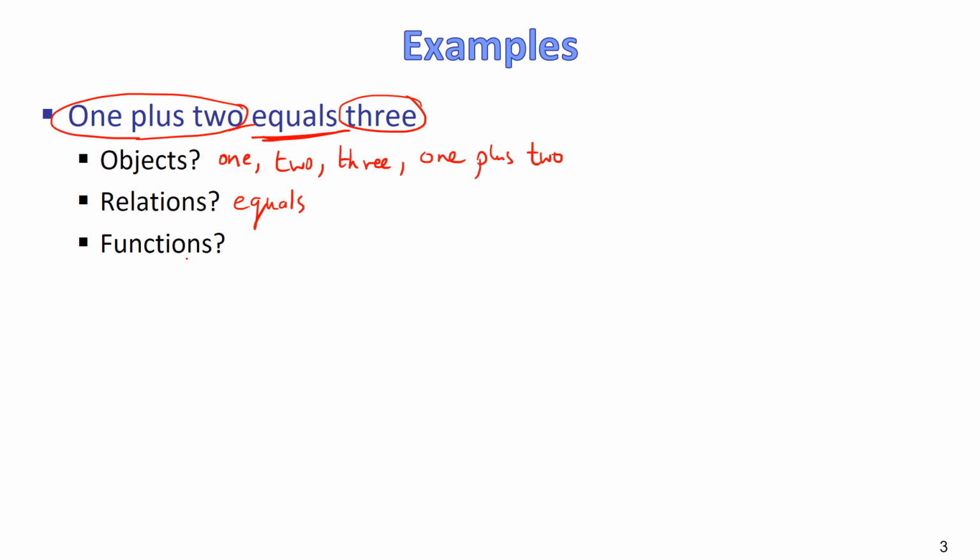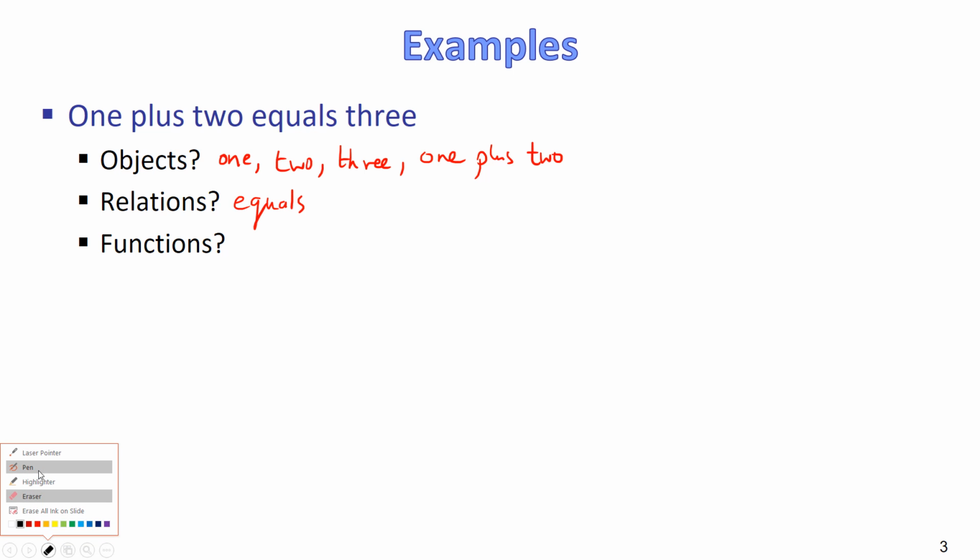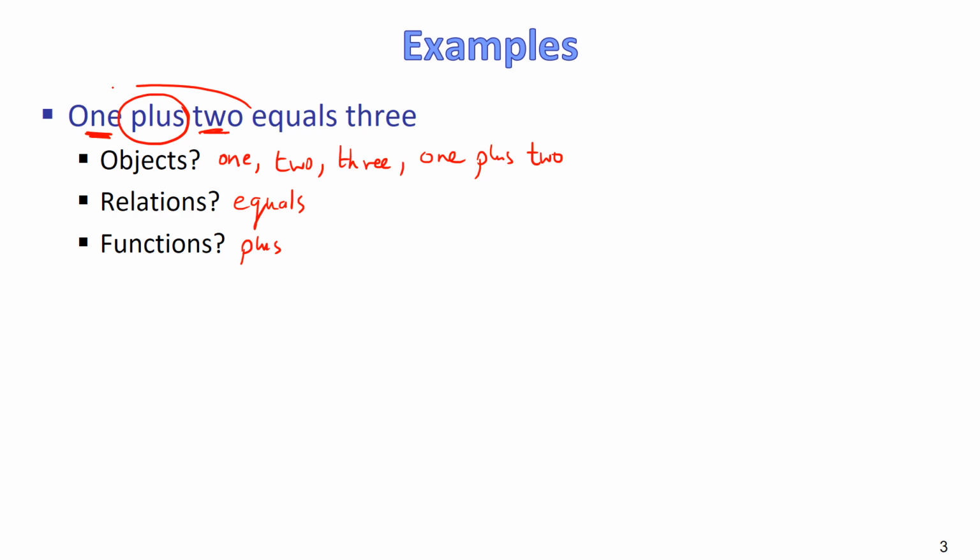We also have functions here. Where is the function? This is the plus. Plus is a function that takes 2 objects and refers back to one object that is, in that case, the addition of these 2 objects. So in this very simple sentence, we had 4 objects, 1 relation, and 1 function.